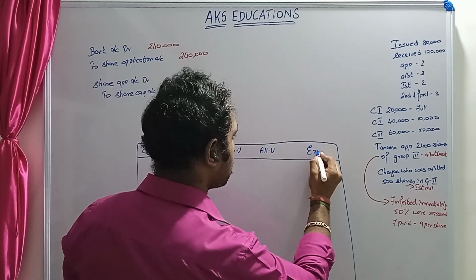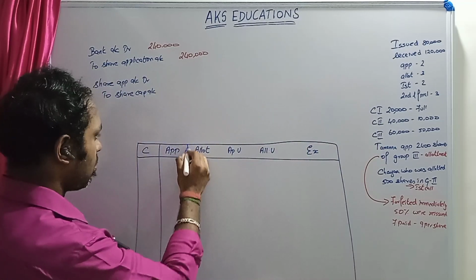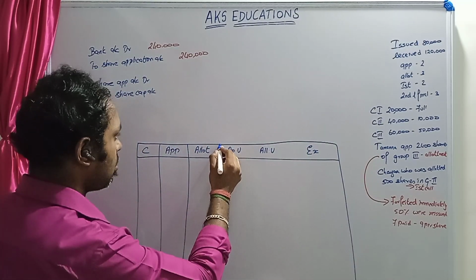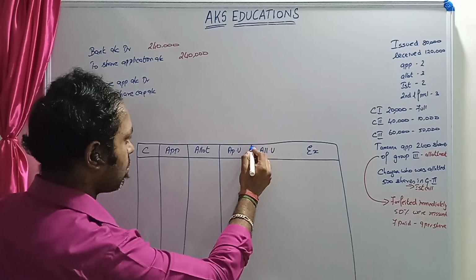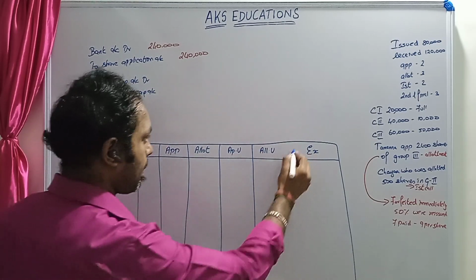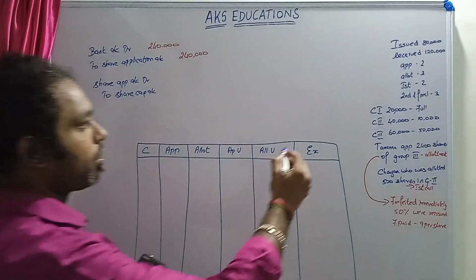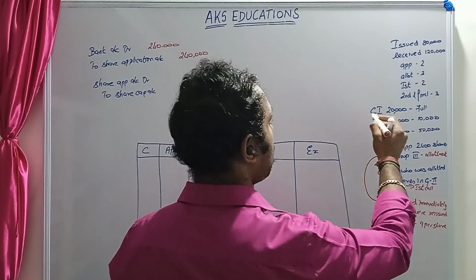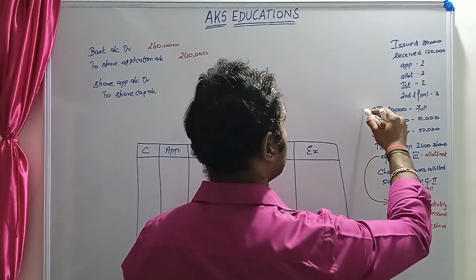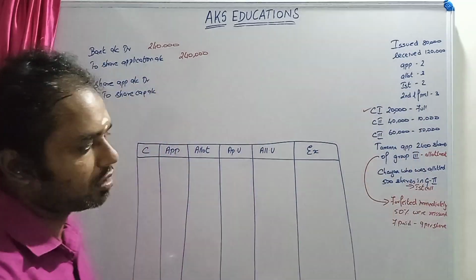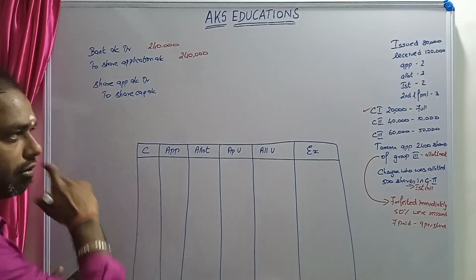Next is the excess. Alright, so the first one you can see here, category 1, 20,000 in full. So we don't have to worry about that. 20,000 is given in full.